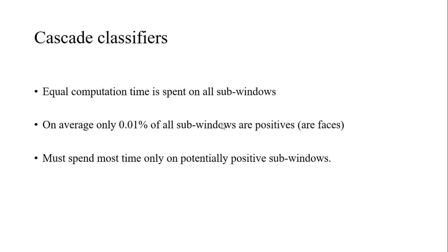That is, one out of every 100 sub windows contains a face. So the 99 sub windows are actually discarded. And thirdly, some amount of time, meaning some extra time, must be spent on the potentially positive sub windows so that we can identify the faces.